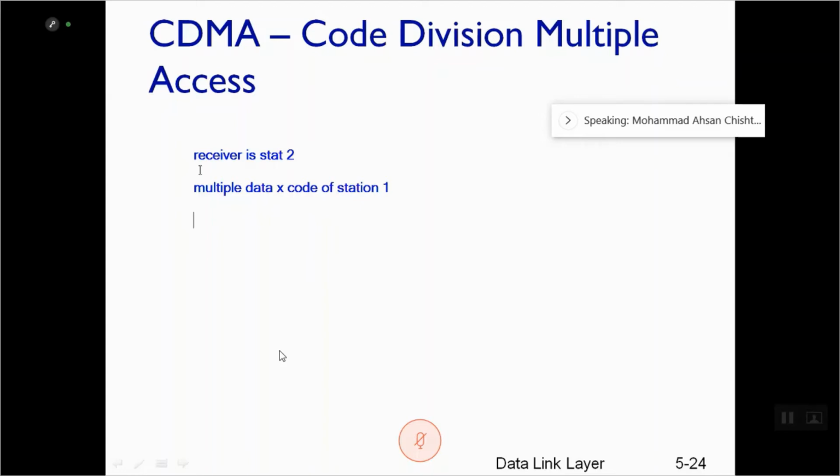So what will we get here? C1 into C1 is 4. But C2·C1, C3·C1, C4·C1, they are all zeros.